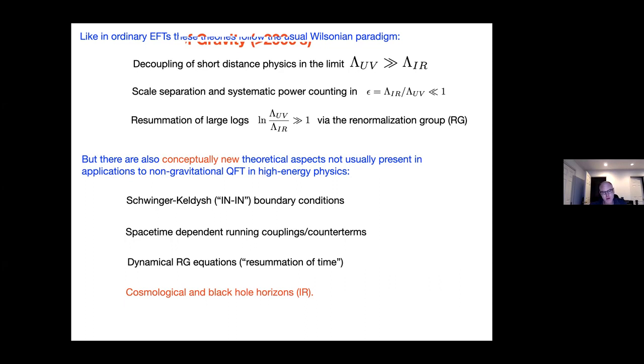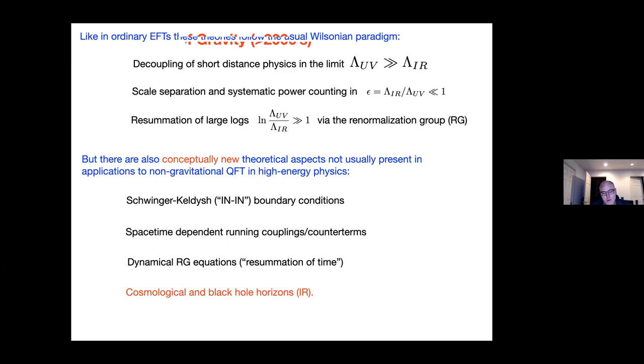For instance, the boundary conditions for the path integral in some cases are Schwinger-Keldysh type initial conditions rather than Feynman boundary conditions, such as in amplitudes. The effective Lagrangians in these theories can have couplings which depend on space-time coordinates, running couplings or counterterms that depend on space-time coordinates.